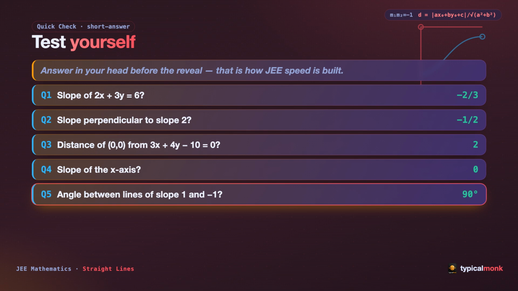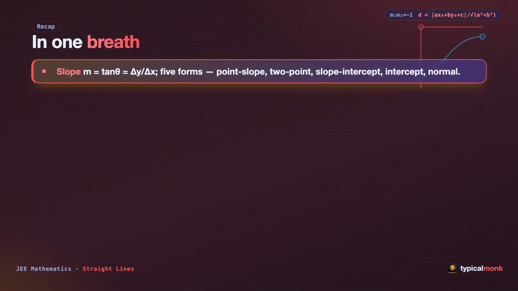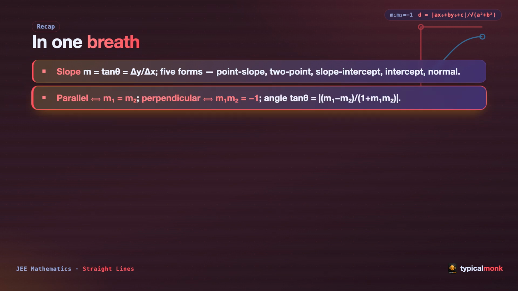They are perpendicular. Let us gather it all in one breath. The slope, m = tan θ, the rise over the run, and the 5 forms: point-slope, two-point, slope-intercept, intercept, and normal. Parallel means equal slopes. Perpendicular means the product of slopes is −1, and the angle is the modulus of (m1 − m2) over (1 + m1m2).